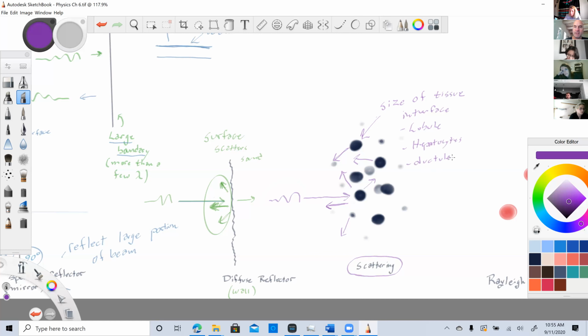Size of the tissue interface: lobules, hepatocytes, ductules, arterioles, all the smaller things. When that is smaller, or about equal to lambda, the wavelength, then we get scattering.